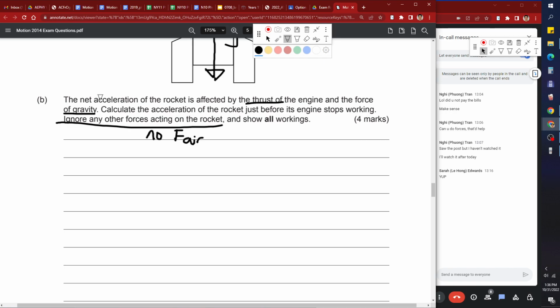So we want to find the net acceleration. Okay? Give you a little hint.